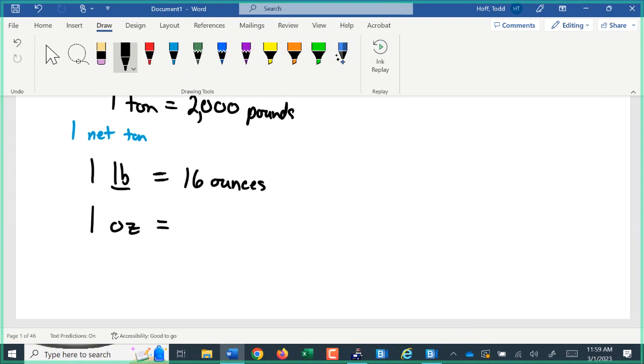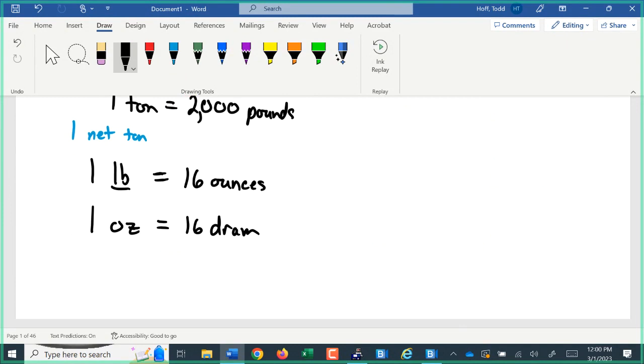There are units in our standard system that are smaller than an ounce. One is a dram. There are 16 drams in an ounce. Now, I should specify these are dry drams. There are wet drams as well, which is slightly different, which is frustrating because it gets confusing. But there are 16 drams in an ounce.